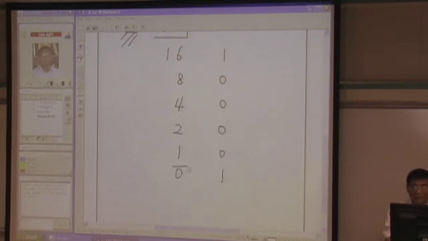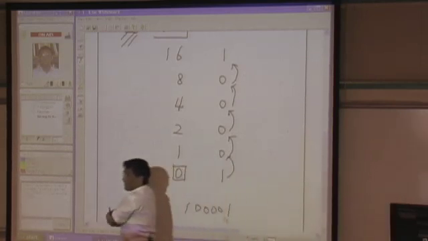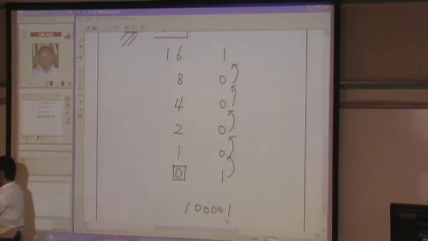Then once we arrive at 0, we are done. And then we can write this in reverse order, right? So this is the number that we can create, 1, 0, 0, 0, 0, 1. So I showed you the method of using the algorithmic approach instead of the theoretical approach.